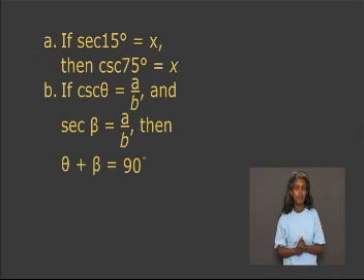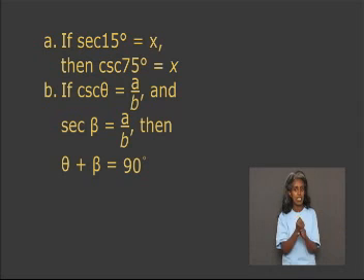Our second question is similar. If cosecant theta is equal to A over B and secant beta is equal to A over B, then what does theta plus beta equal? Well done, students.